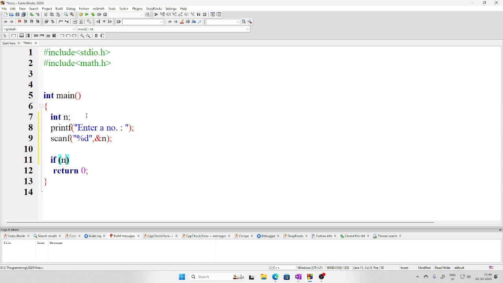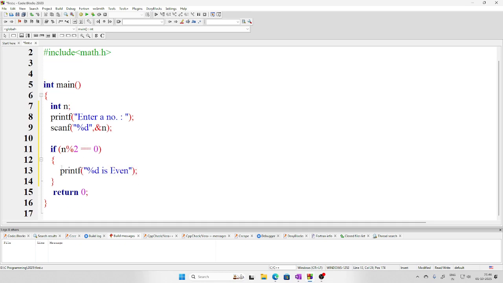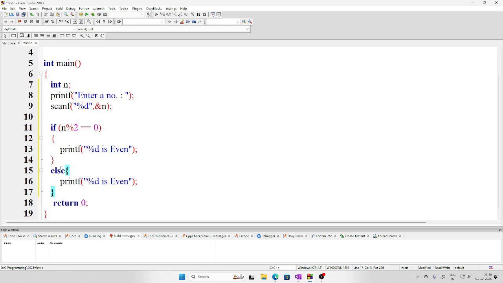That is, if n modulo 2 is 0, then I simply say printf percentage d is even. And if this condition becomes false, then I write else, and print that it is odd.